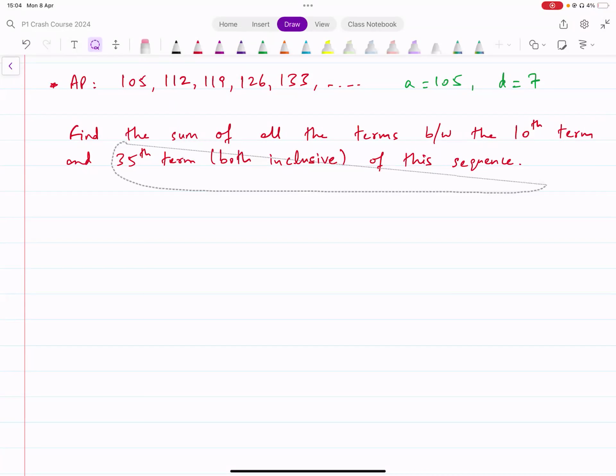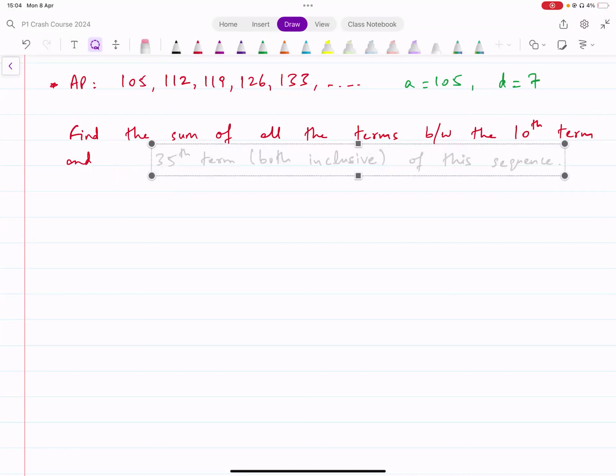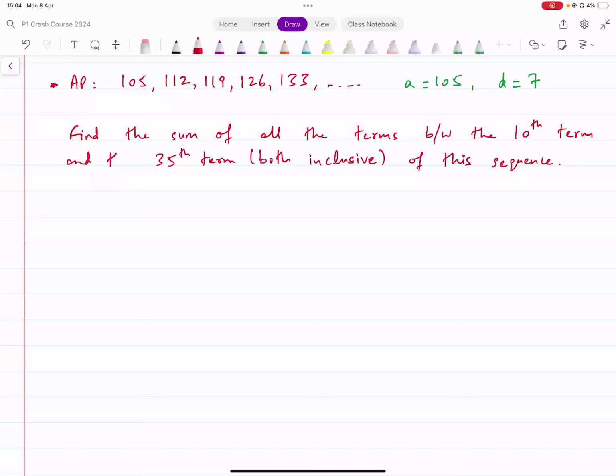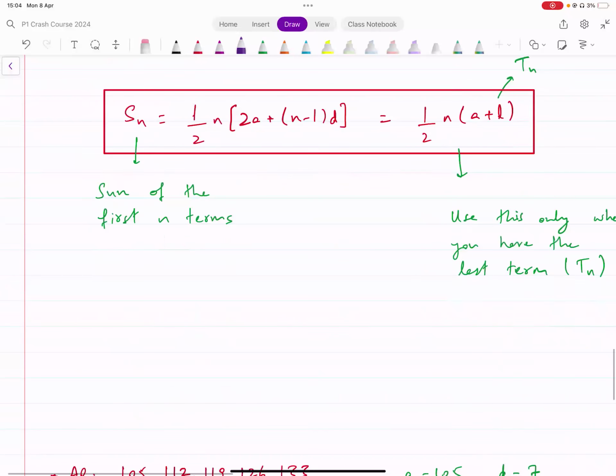Is that okay? Now, how do you find all of these terms? Let's think about this. Remember what we're looking for: the sum of the terms between the 10th and 35th. What does the sum formula Sn give us?